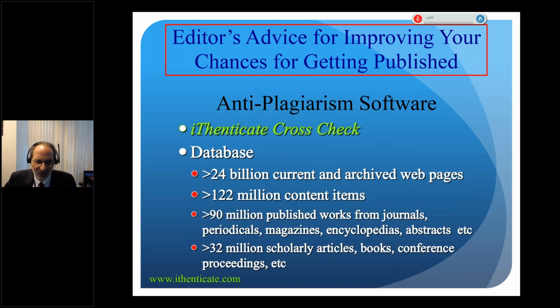And I just want to point out, look here, the database includes 24 billion current and archived web pages, 122 million content items, 900 million published works from journals, and so on and so forth. So it's very hard to plagiarize a work and to go through Authenticate and not get picked up.